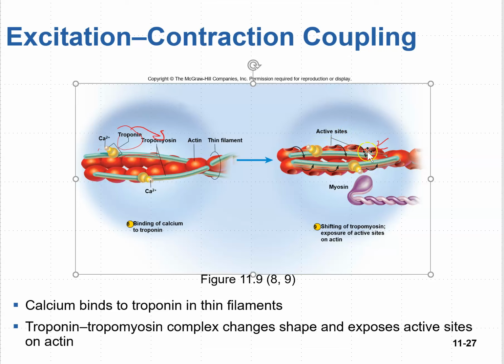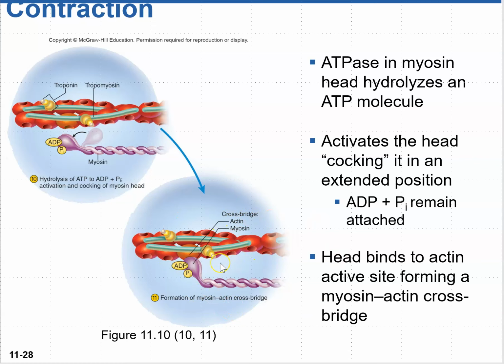So this picture shows cross bridge formation between the myosin and actin filament, and this is an energy-consuming process, so it requires the presence of ATP. The first step for myosin to get ready for attachment is the hydrolysis of ATP to ADP and Pi. This activates the cocking or docking of the myosin head to the actin molecule.